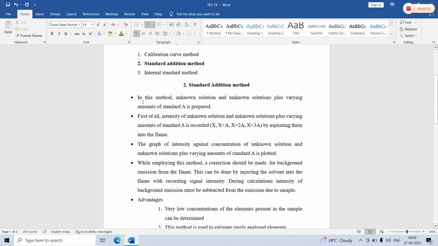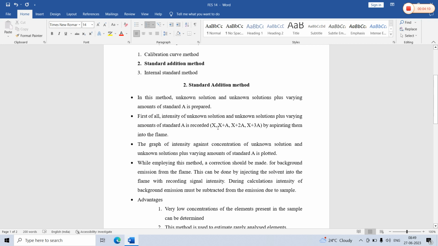That first point tells us that in this method unknown solution and unknown solution plus varying amounts of standard A are prepared. The second point elaborates that first of all the intensity of the unknown solution and unknown solution plus varying amounts of standard A is recorded.